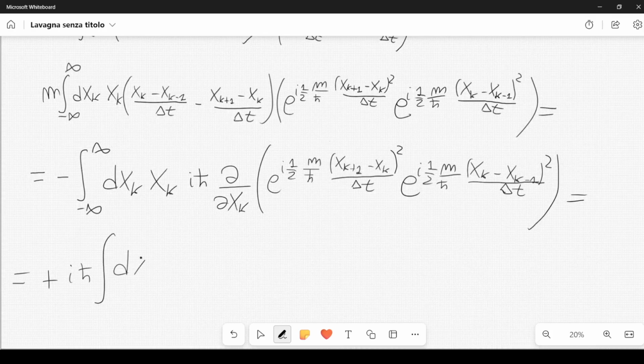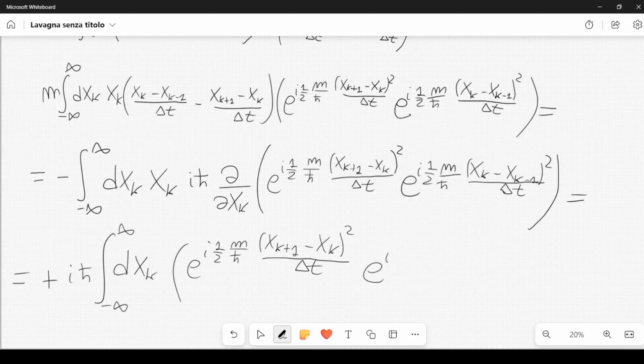So we have dx_k integral from minus infinity to plus infinity, and then we have e to the i 1/2 m over h bar (x_{k+1} minus x_k) squared divided by delta t, e to the i 1/2 m over h bar (x_k minus x_{k-1}) squared divided by delta t, like this.